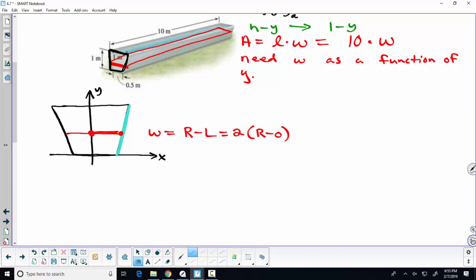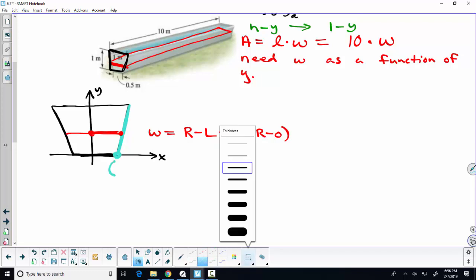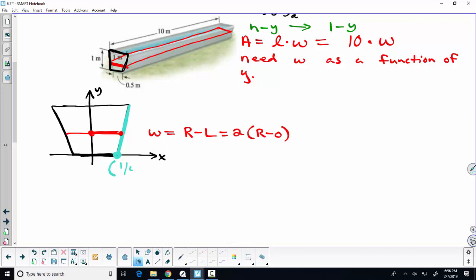Well, we know that the original base is half a meter long, but we're cutting that in half too. So this goes from 0 to a fourth, right? So this point here, 1/4, comma 0. What do we know about this point? Yeah.